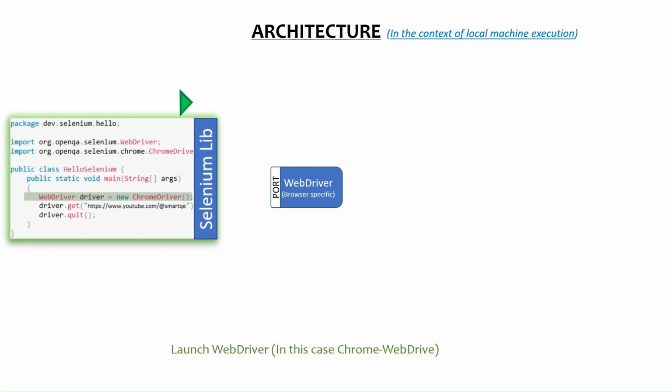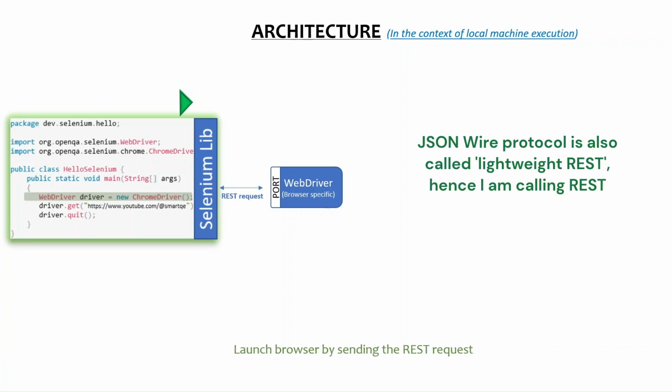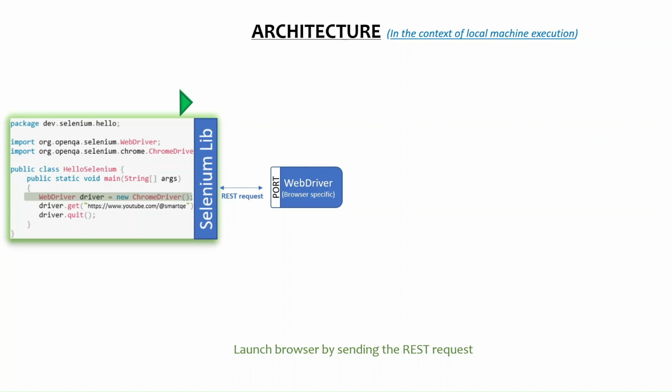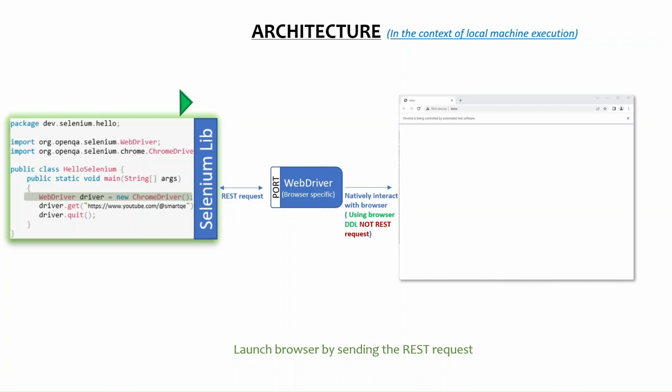It has opened a port and is listening on that port. Now the second thing done by this step is to send a POST REST request via HTTP protocol on the port on which WebDriver is listening. And this POST request basically contains all the information of capabilities that we need the browser to open with.